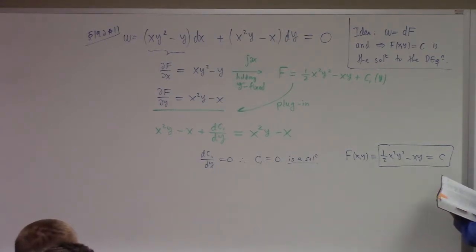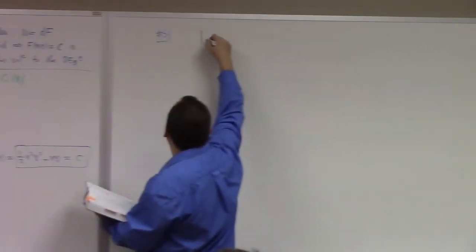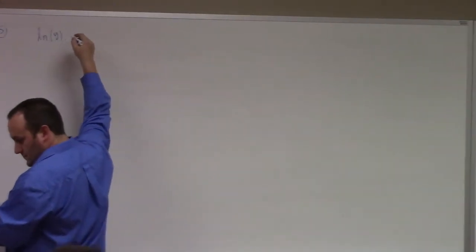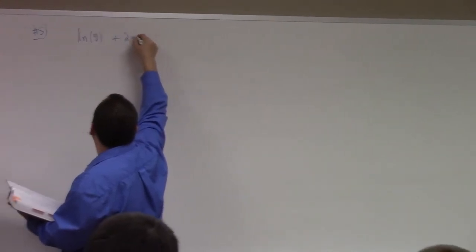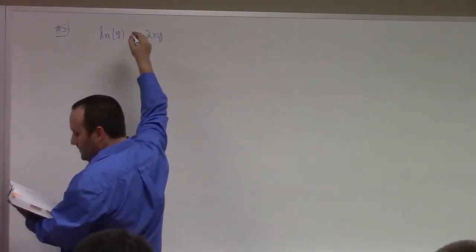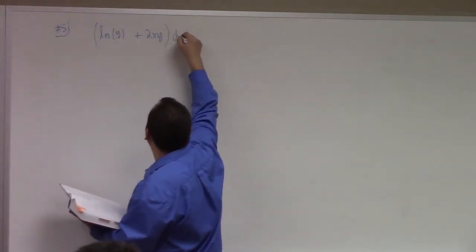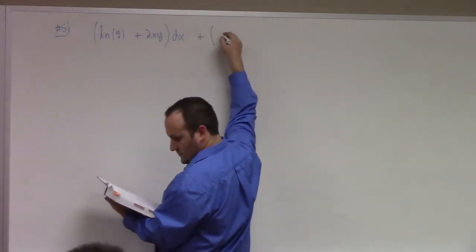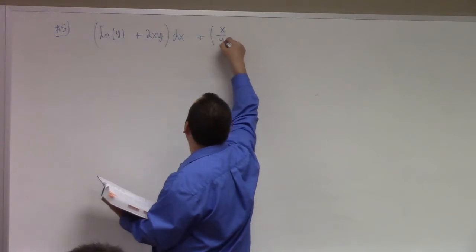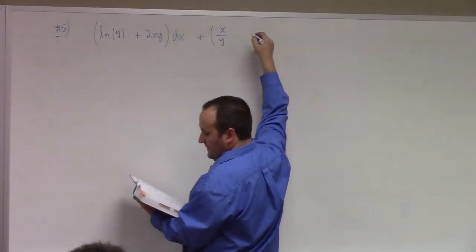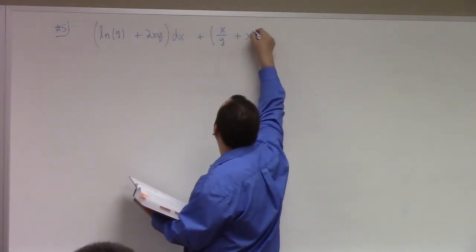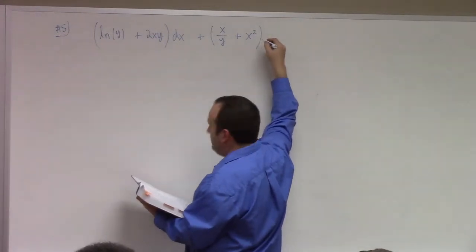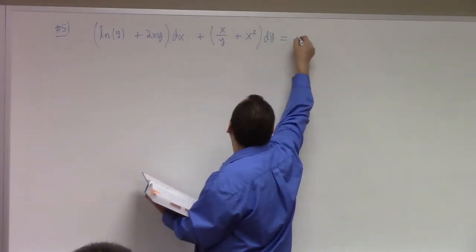Here we've got natural log of y plus 2xy times dx plus x over y plus x squared dy equal to 0.